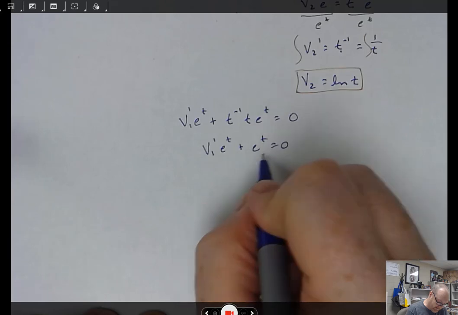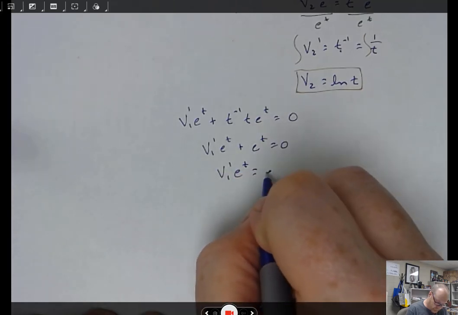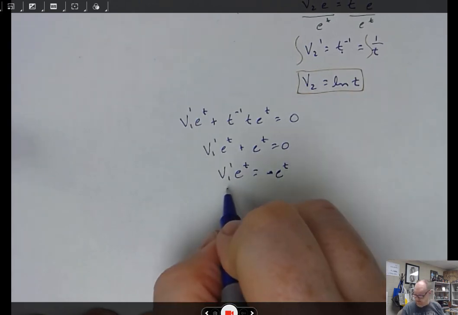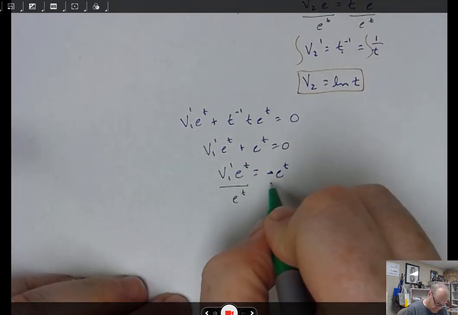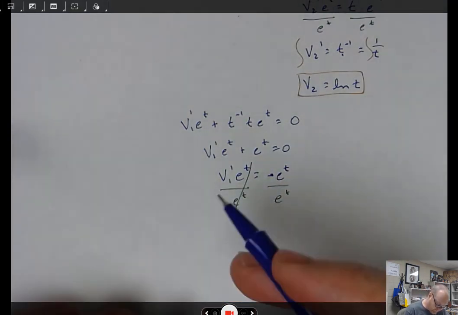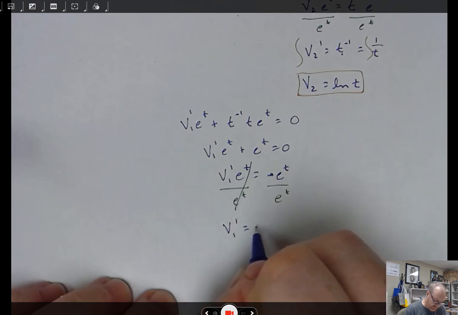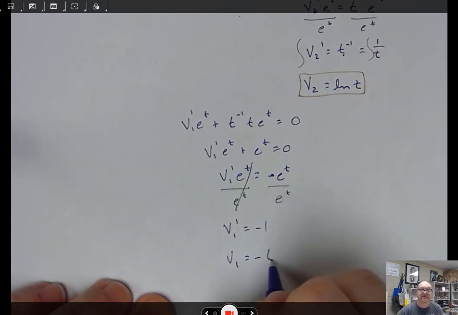I can subtract e^t to the other side and divide both sides by e^t. And it looks like v1 prime is just -1, and if I integrate, v1 is just -t.